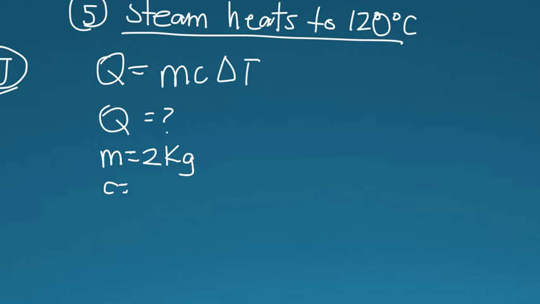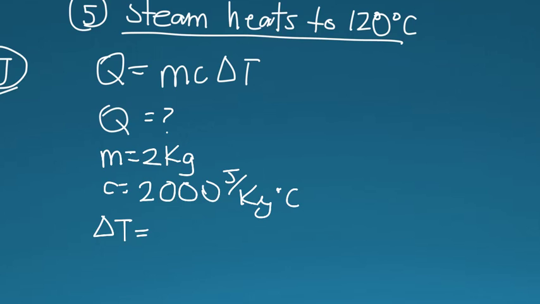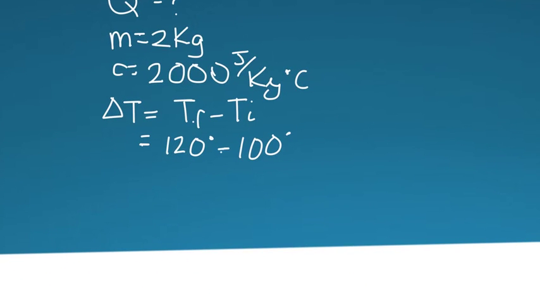The C for steam is now 2,000 joules per kilogram degrees Celsius. Delta T, TF minus TI. So TF is 120 degrees. It started at 100 degrees. So our change in temperature ends up being 20 degrees Celsius.